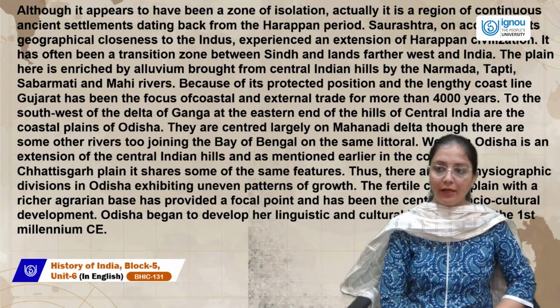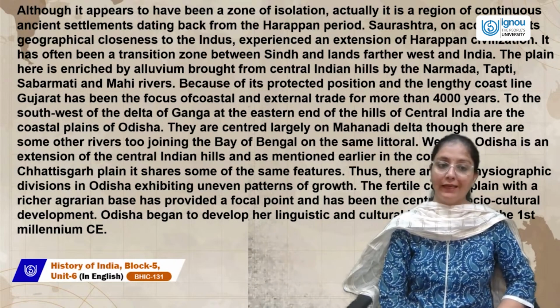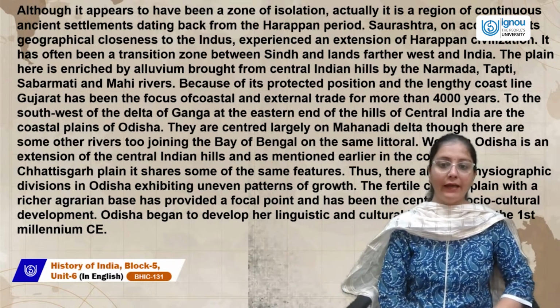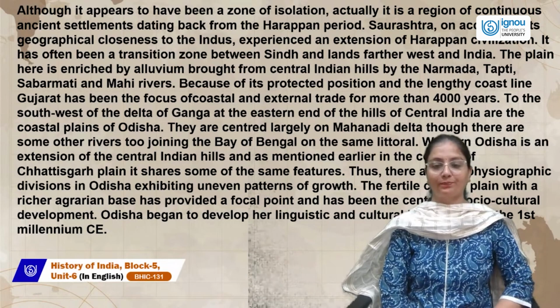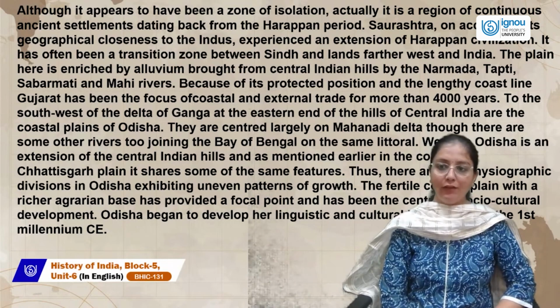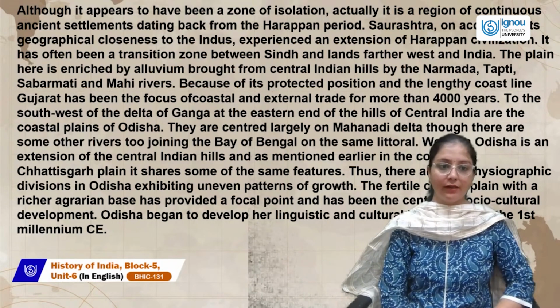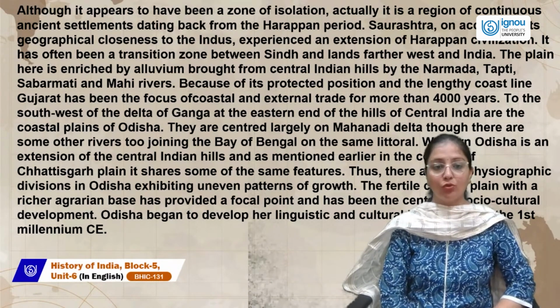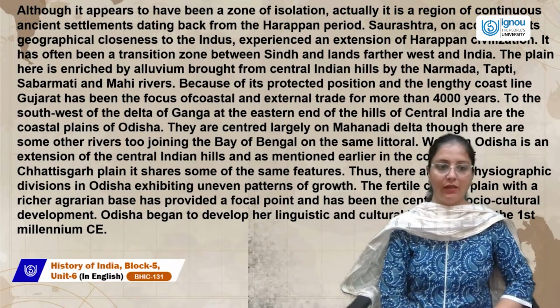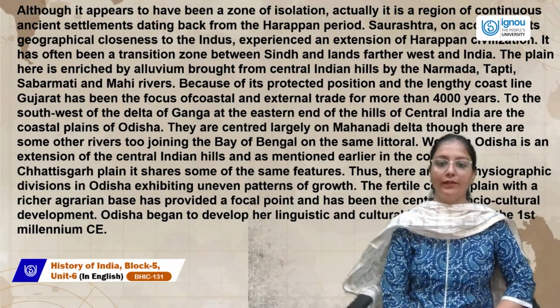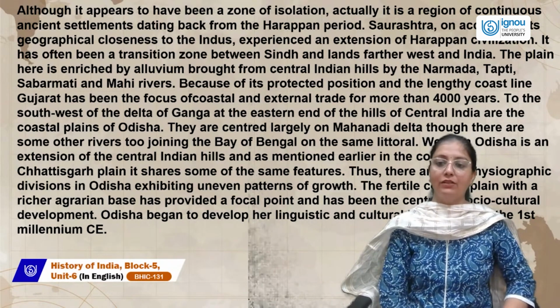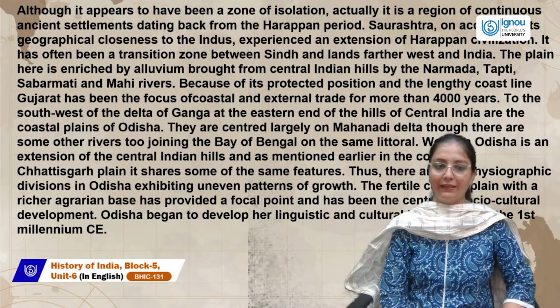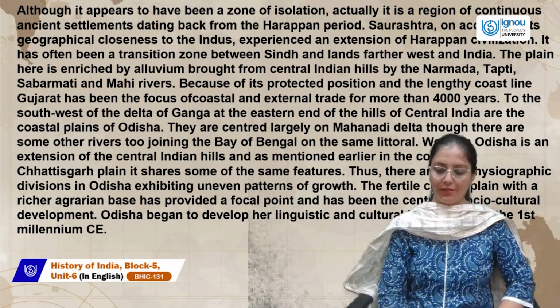Thus, there are two physiographic divisions in Odisha exhibiting an uneven pattern of growth. The fertile coastal plain with a richer agrarian base has provided a focal point and has been the center of social and cultural development. Odisha began to develop its linguistic and cultural identity late in the first millennium BCE.